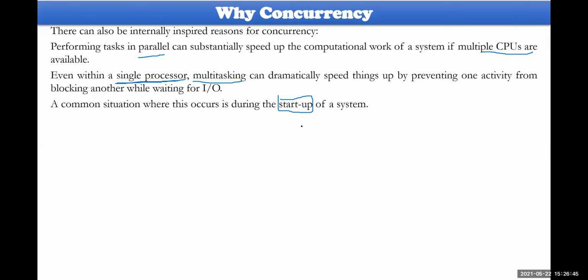Core i3 takes some 35 seconds to start up, whereas Core i5 takes some 25 seconds, and Core i7 takes 11 to 15 seconds. Because if you increase the number of cores in our system, obviously the number of processes executed by each core increases. That is the point I'd like to make here.